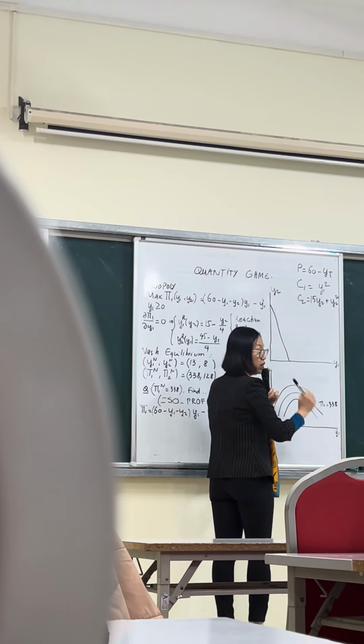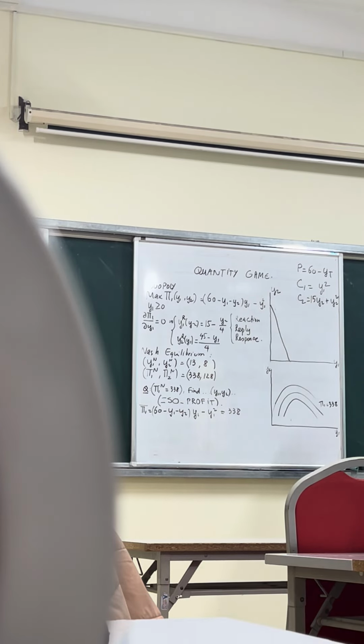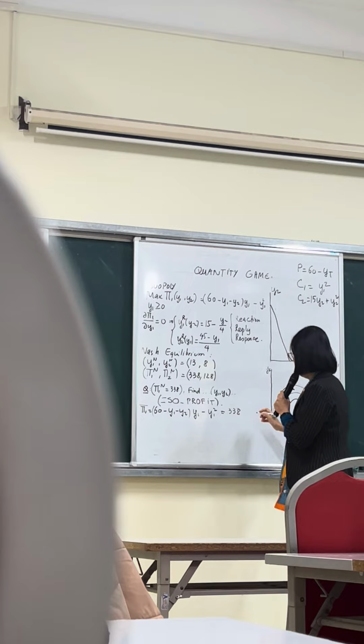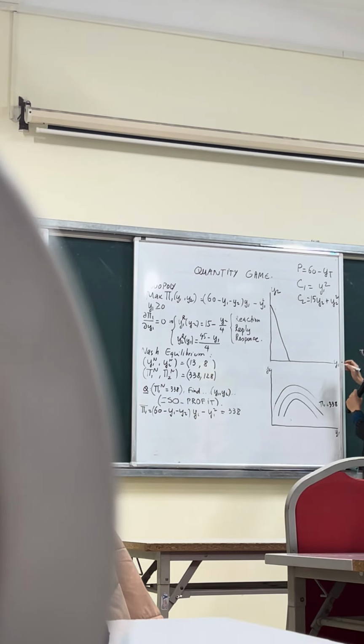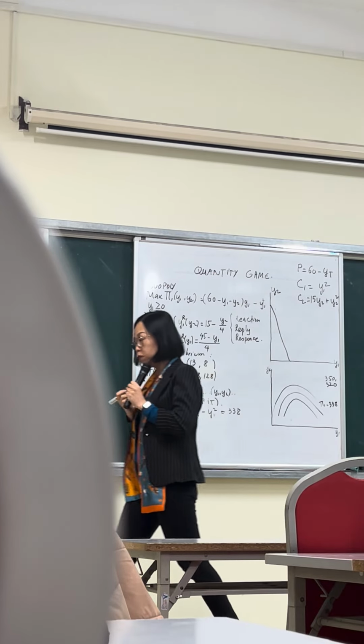Up there or down there? Think before answering. What if I have 350 and I have 320? Then it should correspond to two other graphs.